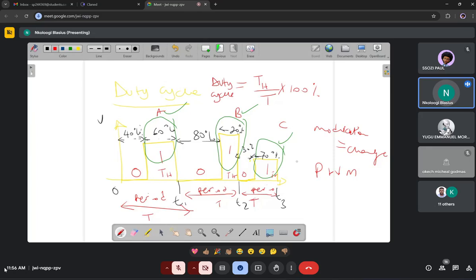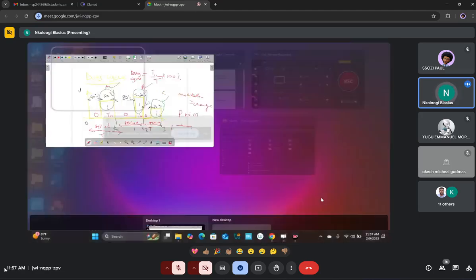In programming the motor, you may want the signal to be high more than it is now. So you increase its width, you change the width, because you want the motor to go fast, so you make it stay in the high state for different situations. So you use this concept of pulse width modulation. That is where the whole idea of the duty cycle comes in, and it is very important.